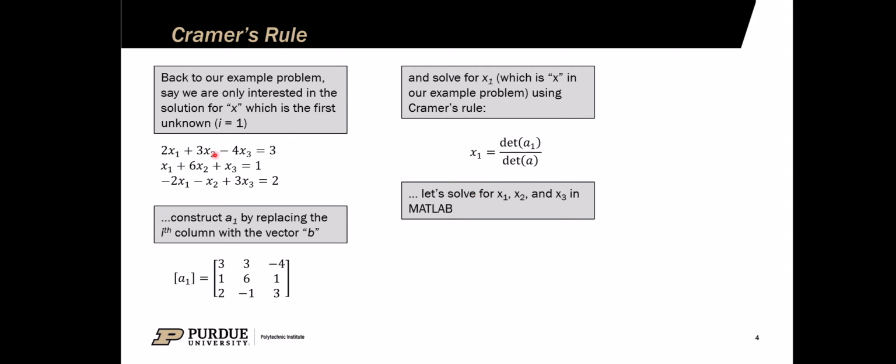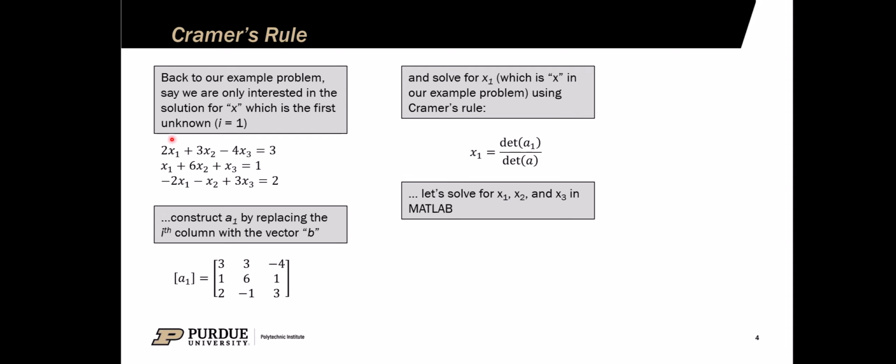So jumping back to our example problem here, the same three equations and three unknowns we had, let's just say we're interested in the first unknown, x1, our I is equal to 1. So to construct this matrix AI, in this case it would be A1, we're going to replace the ith column, or the first column.